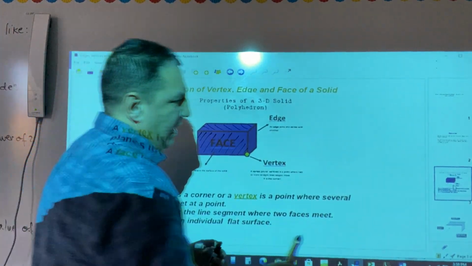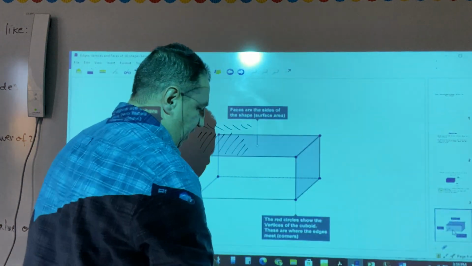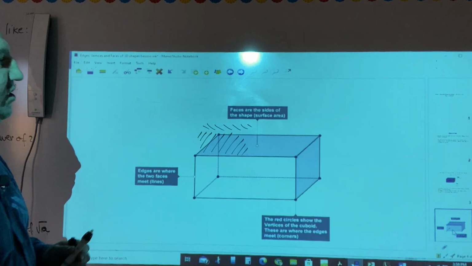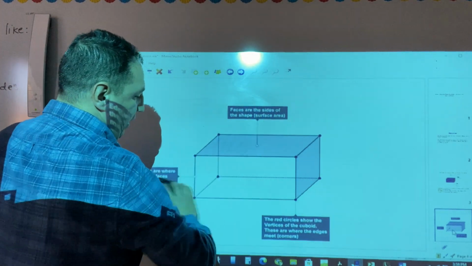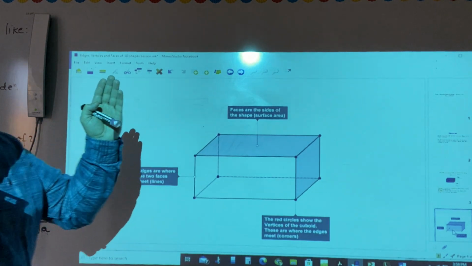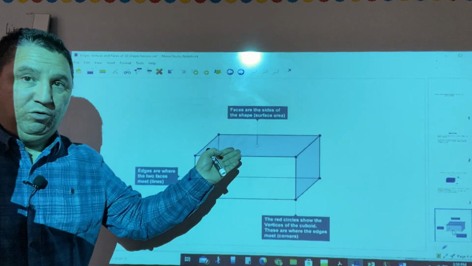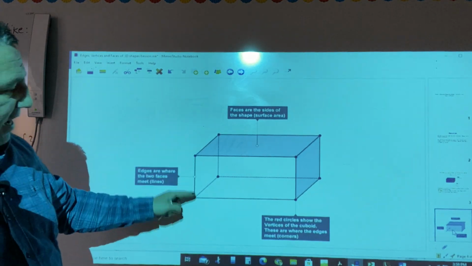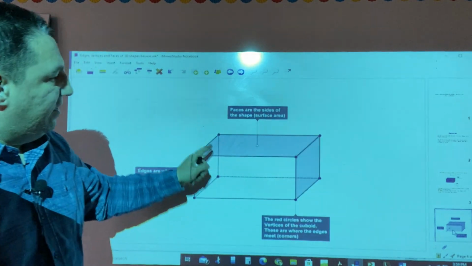Good. Now I'll show you the different faces, vertices, and edges for a few shapes. For example, this is a rectangular prism. So these are edges.